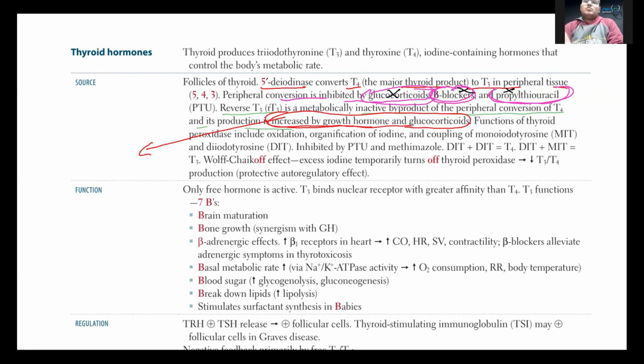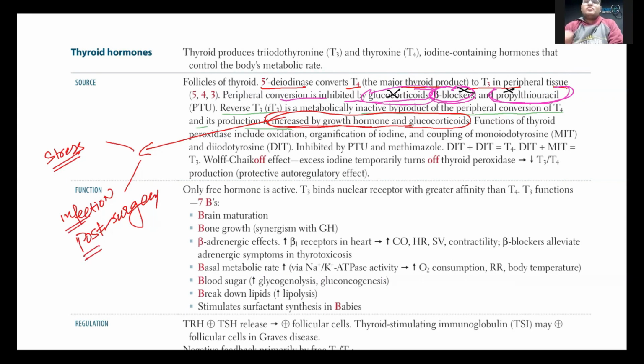Increased growth hormone and glucocorticoid. This is the relation to euthyroid sick syndrome, which we will study in our next lecture. Actually, stress, infection, post-surgery: these are mostly the conditions that cause increased reverse T3.